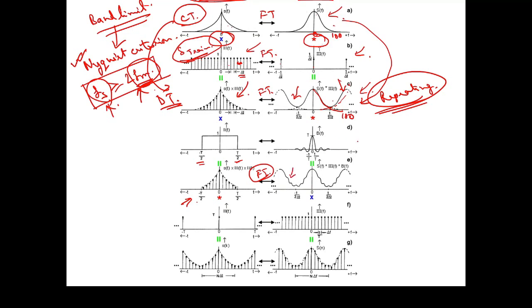Now, once we have time limited, we can go for the sampling in the frequency domain. Now, once we have sampled in the frequency domain, see the time signal is repeating itself. So band limiting and time limiting are of utmost importance when we discuss this discrete Fourier transform.